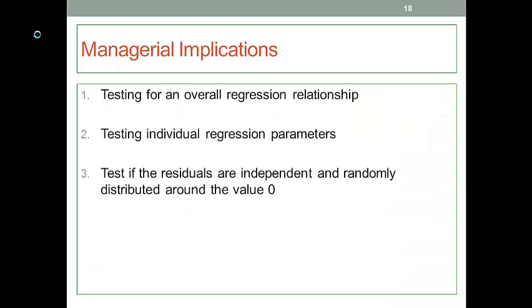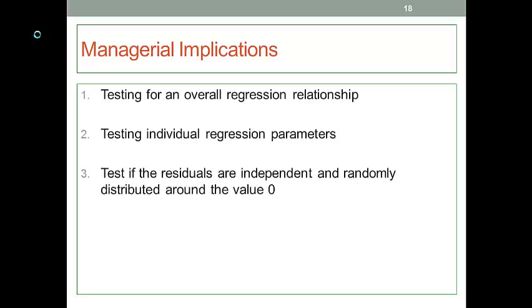Now let's come back to the model from the sample. We need to check 3 factors in the model from the sample. First, we want to test the overall regression relationship. We want to see how strong this estimated equation is. Second, we want to test the individual regression parameters such as b sub 0 and b sub 1.